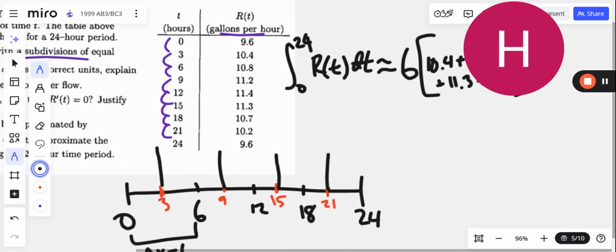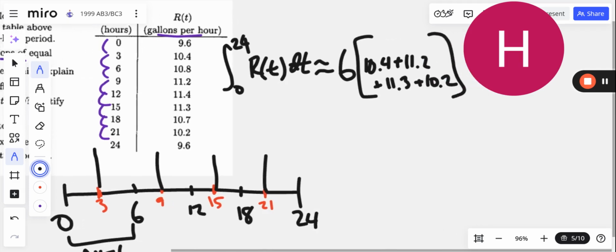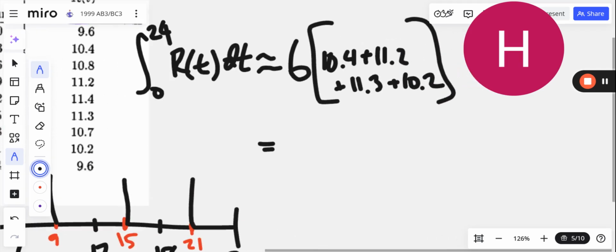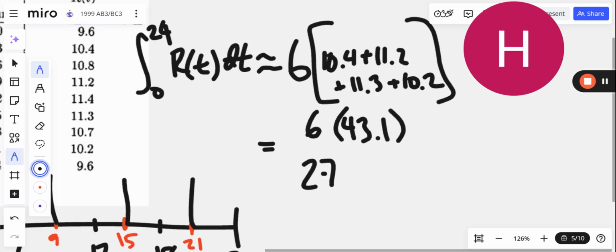I believe that's all of them. So let's add that all up. We're going to get, let's see, 43.1 times 6.